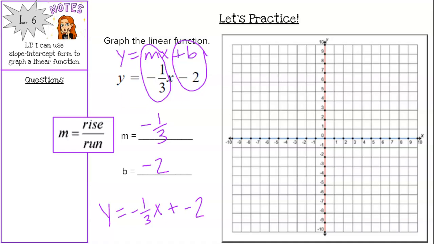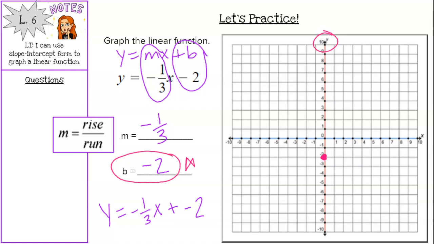So now again, we're going to start with that b, that y-intercept, and we're going to put it on our y-axis. We're going to find negative 2 on that line, and we're going to put a point there. And that's our starting point. Then we use our slope, our rise over run, to give us our next points. Now when our slope is negative, it just changes one direction.